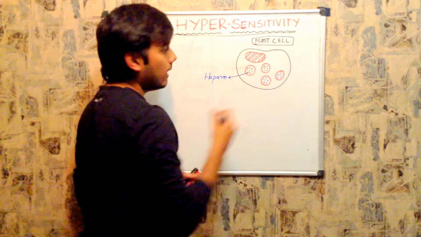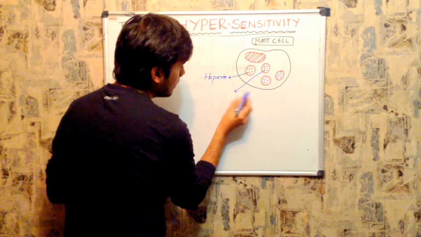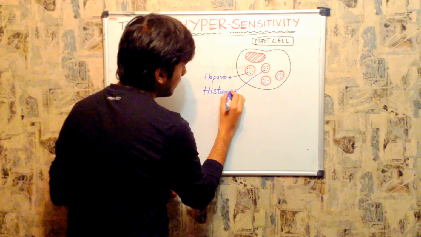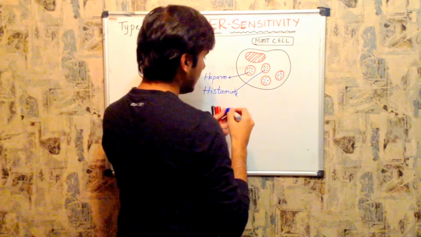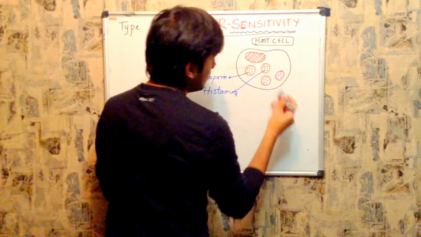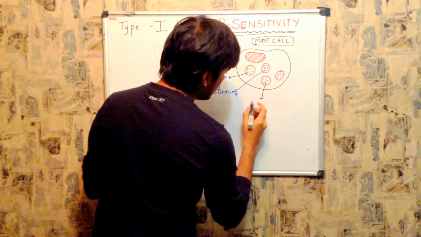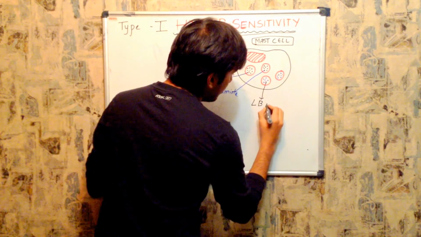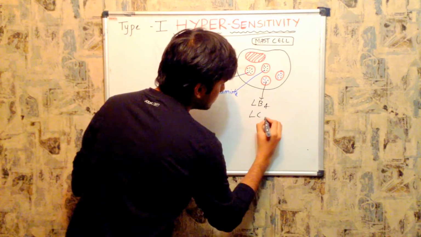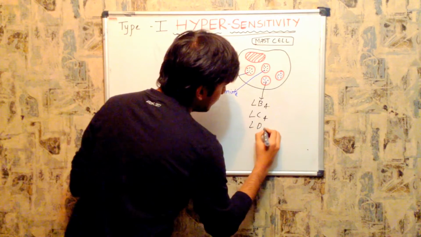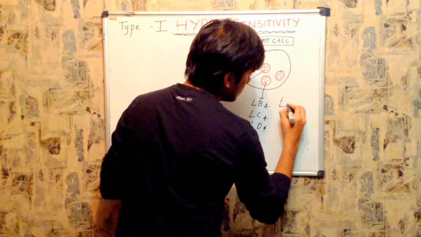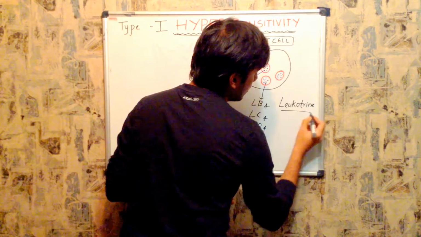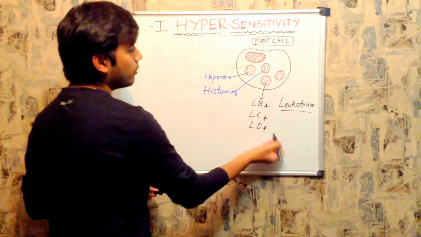It contains heparin. It also contains histamine, and additionally it contains some special structures: leukotriene B4, leukotriene C4 and leukotriene D4.